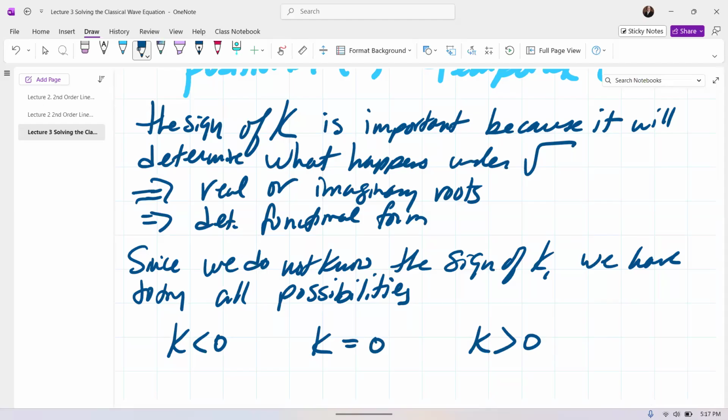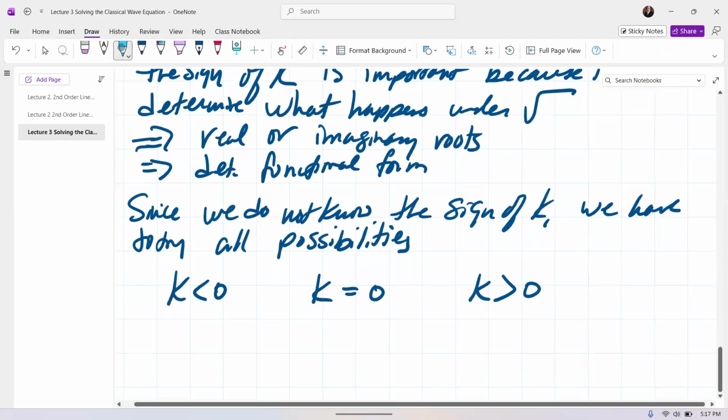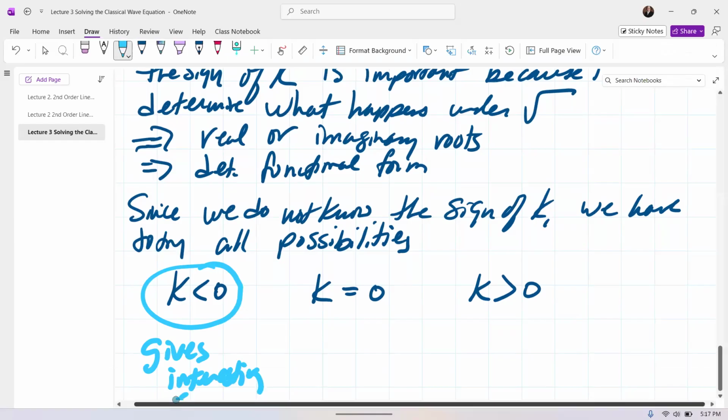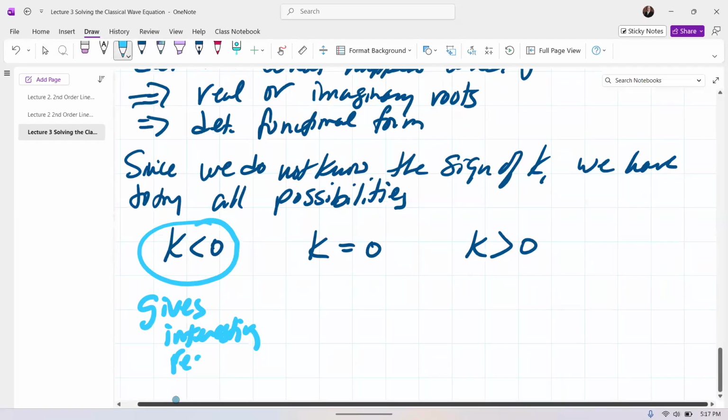So I will give you a spoiler alert. The bottom line is that k less than 0 gives interesting results. You would have no way to know that.